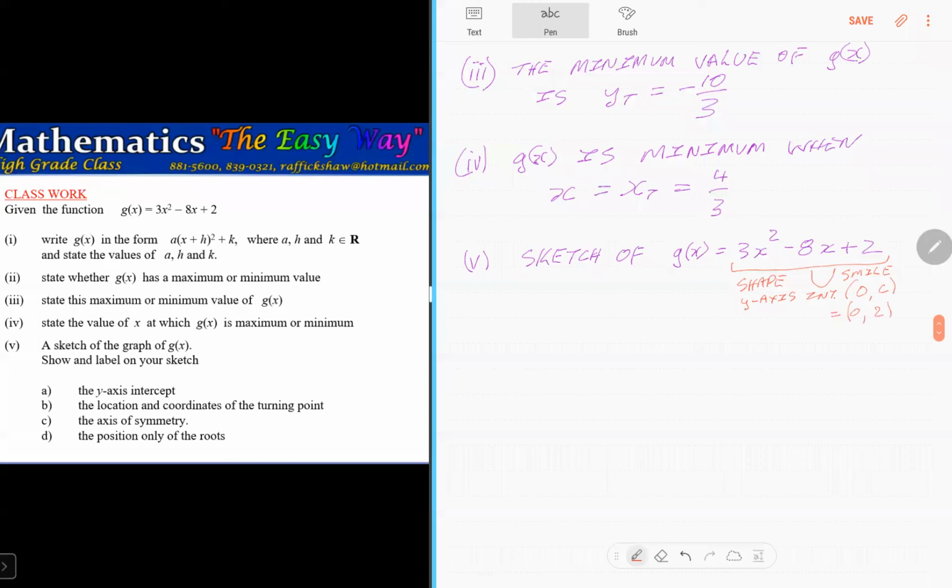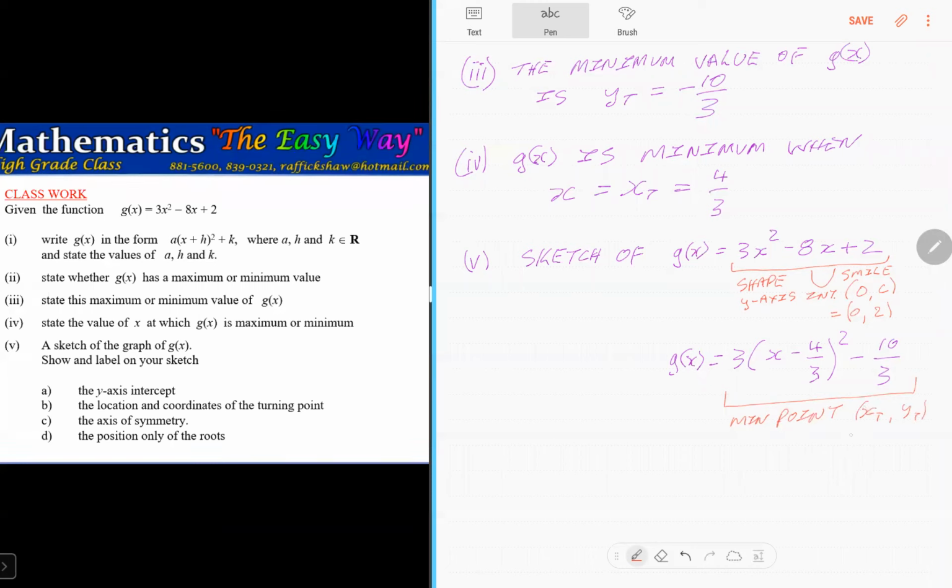And then the vertex form, which is g of x equals 3 into x minus 4/3 squared minus 10/3. This form tells us where the turning point is, the minimum turning point, which is xt, yt.